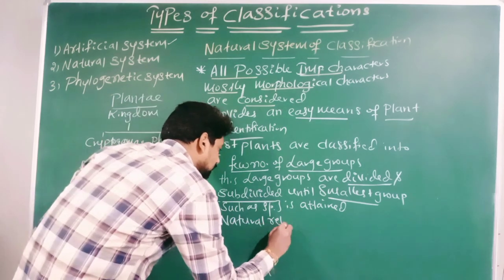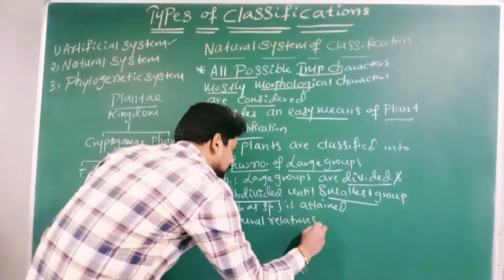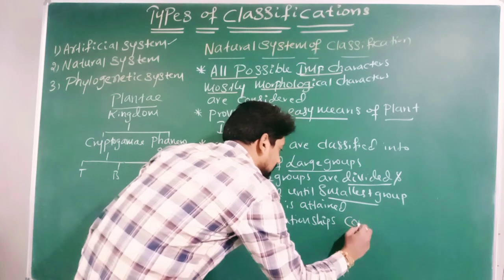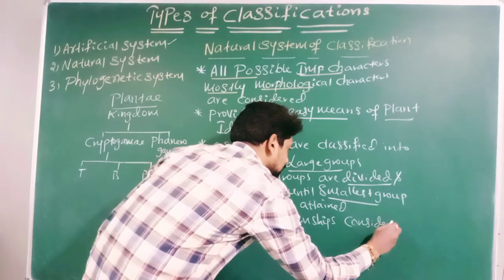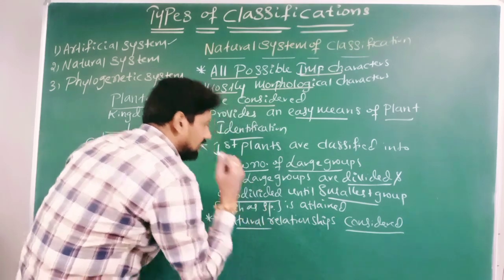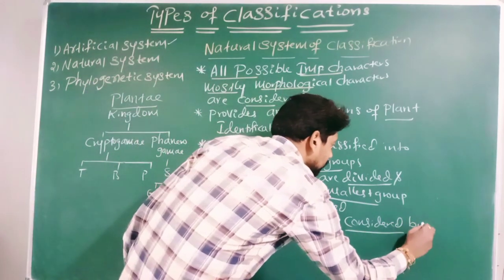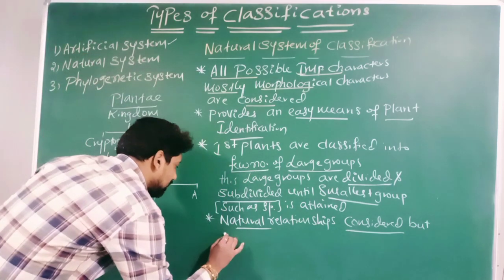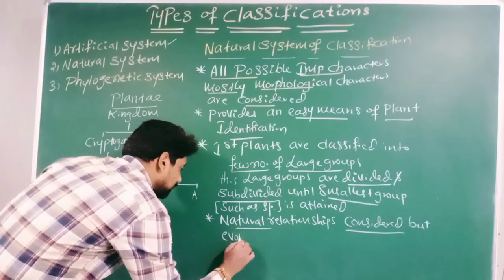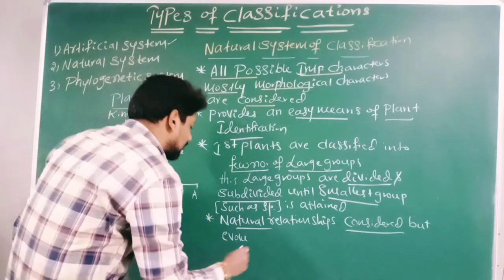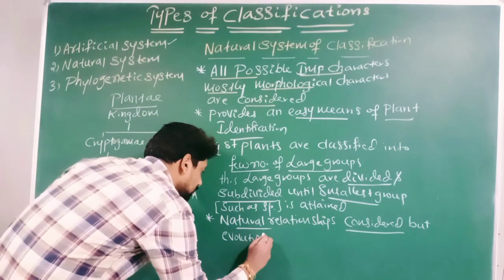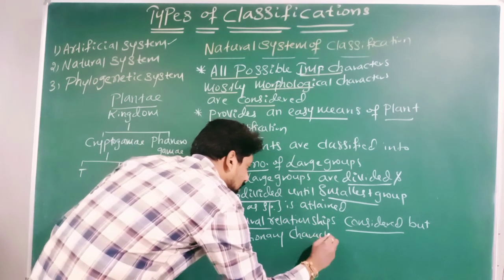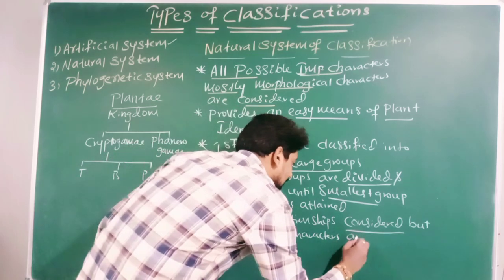Natural relationships are considered, but evolutionary characters are ignored. Evolutionary means phylogenetic. Evolutionary characters are ignored.